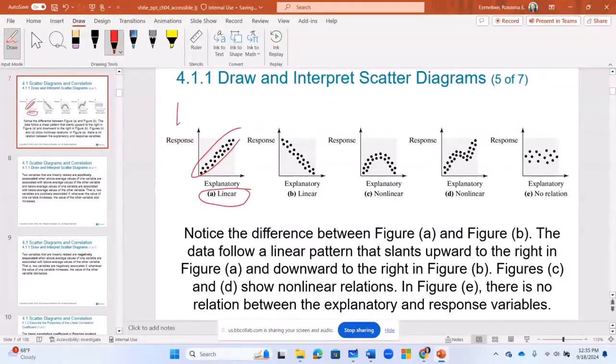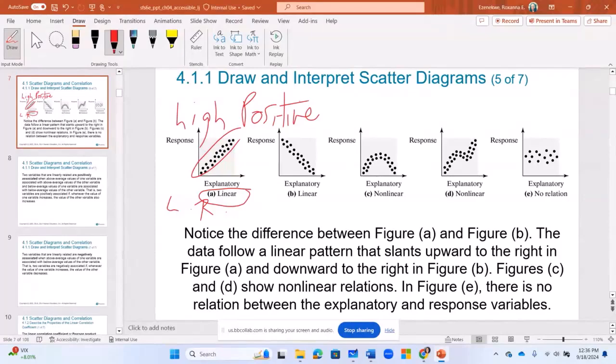So I say there is a high positive linear relationship between the explanatory variable and the response variable.